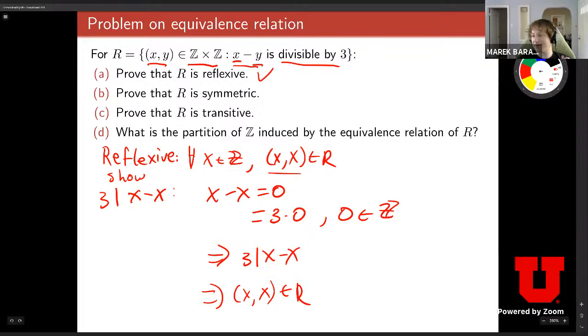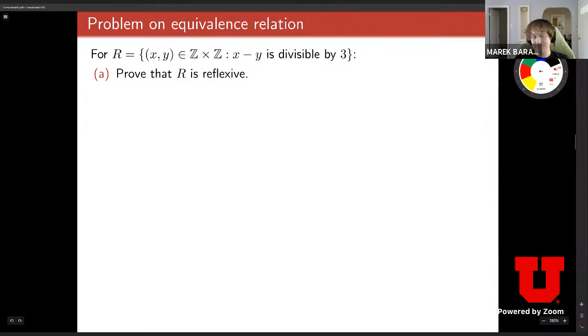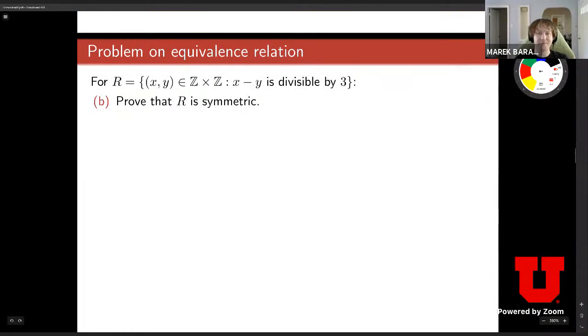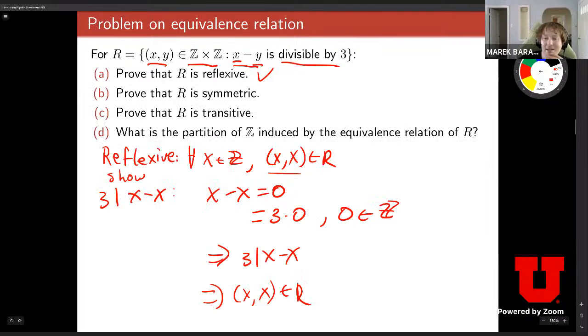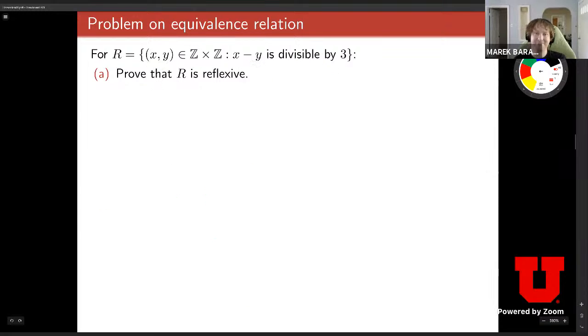Do we need 0 as an element of the integers? Technically, because the definition of divisible by 3 is that you can find an integer that equals x minus x. I wouldn't take off points for that though, but that's the reason it's true.